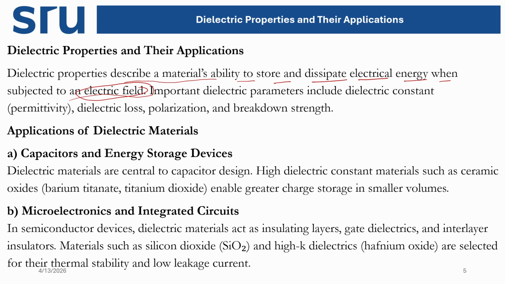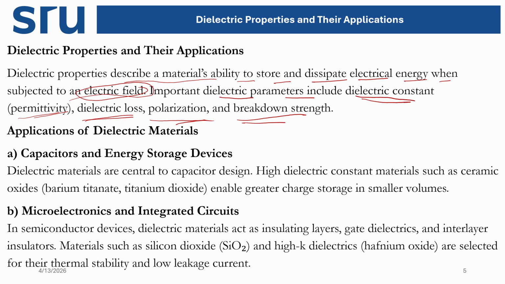In the presence of the electric field it stores the charges, like a capacitor that also stores electrical energy. Important dielectric parameters include the dielectric constant, that is permittivity, the dielectric loss, polarization and breakdown strength.